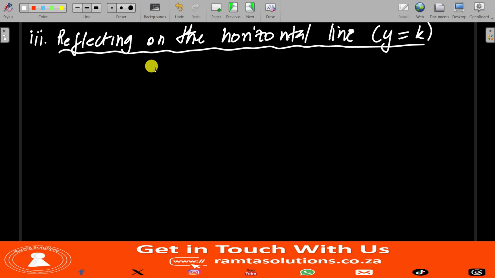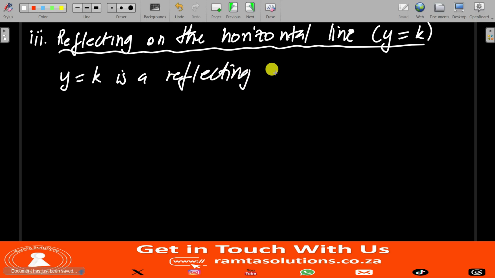So with this one, remember what is happening here. y equals k is a reflecting line.